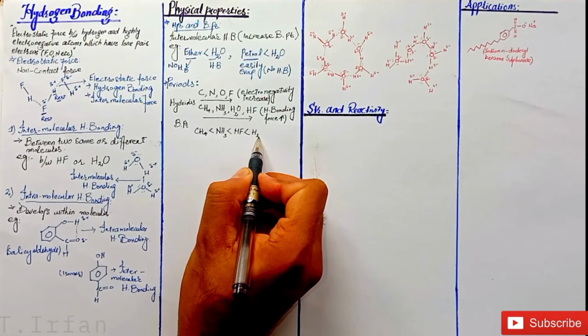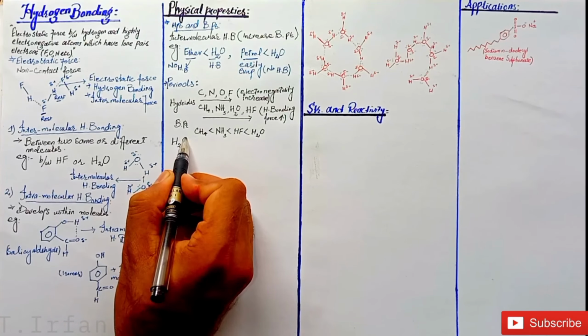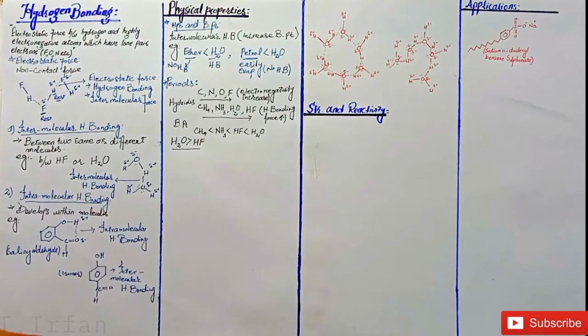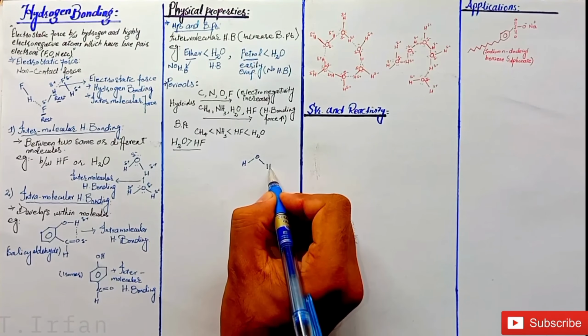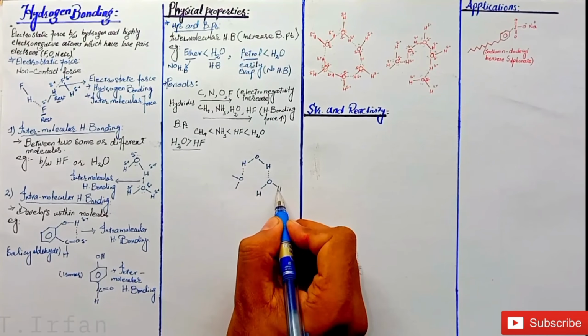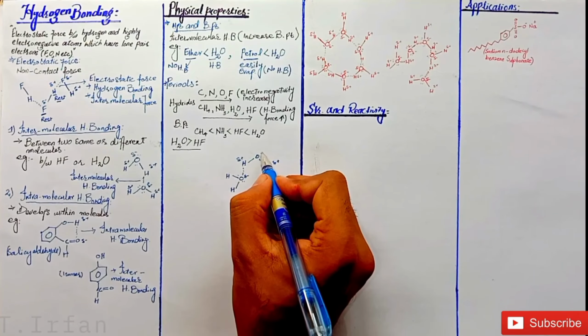But hydrofluoric acid has stronger hydrogen bonding as compared to water, but still has a lower boiling point as compared to water. Though the water molecules have weaker intermolecular forces or hydrogen bonding as compared to hydrofluoric acid, they still show a higher boiling point.